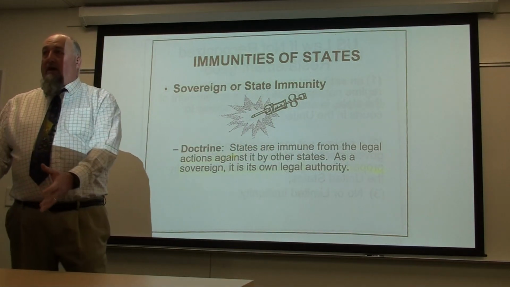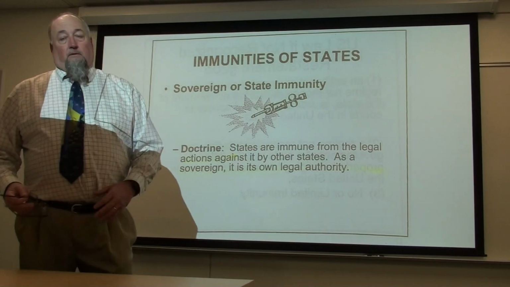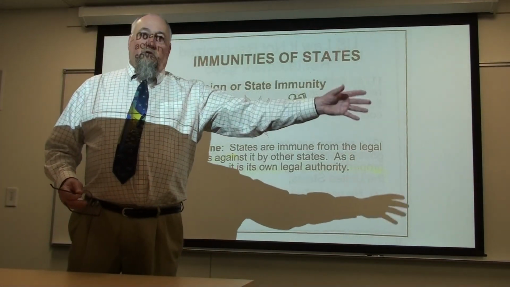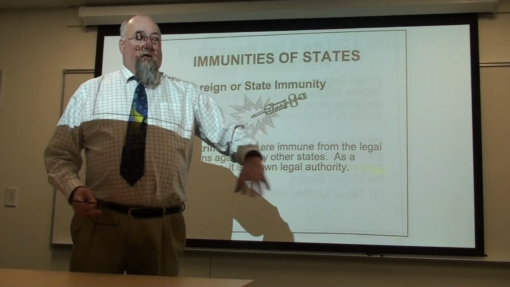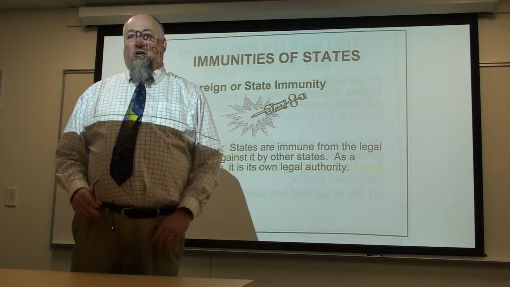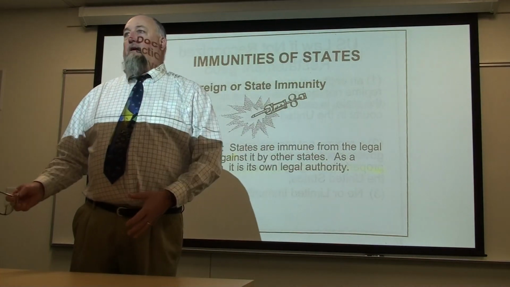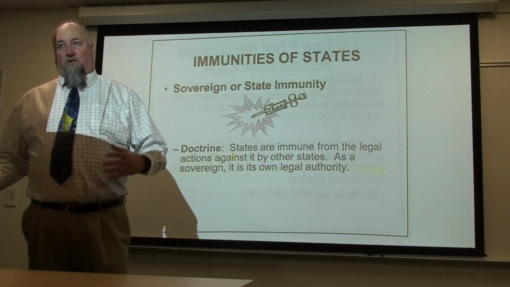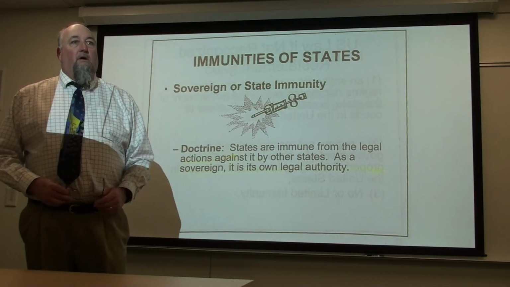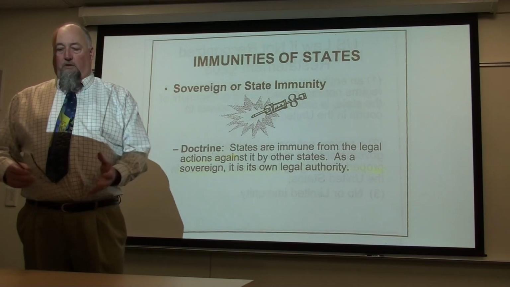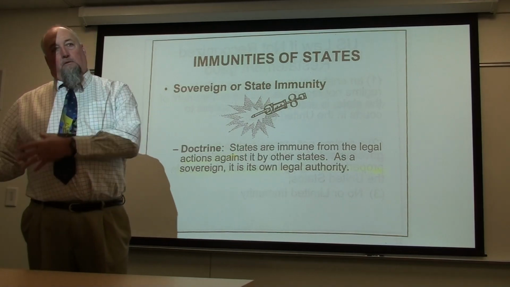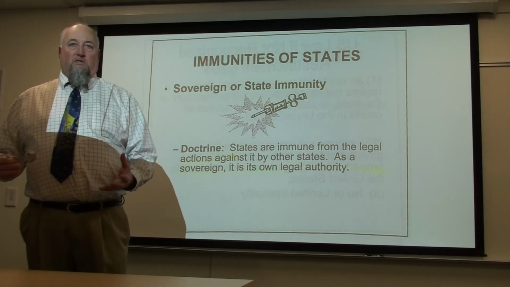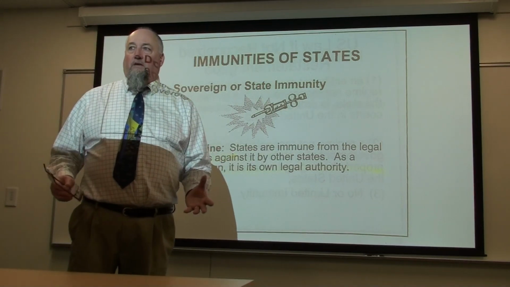If state A gets sued in another country, they say, you know what, your judges can say whatever you want, try and take it from me. It goes back to old school historical force, and there's really no way to enforce a local court judgment against a foreign government. It just really couldn't happen.